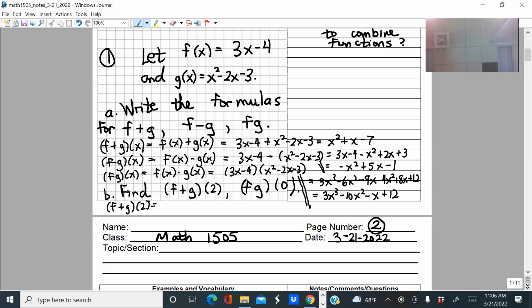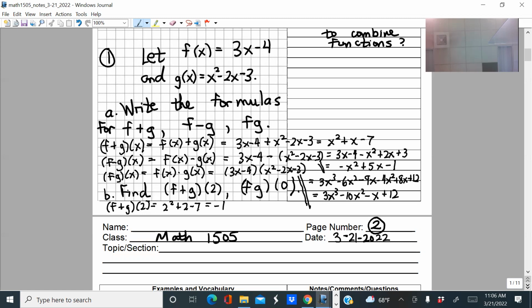Well, do I have the formula for f plus g? Oh, yeah, I do, because I calculated that a moment ago. That is x squared plus x minus 7, right? So f plus g of 2 would be 2 squared plus 2 minus 7. So what's that? Negative 1. 4 plus 2 minus 7 is minus 1.